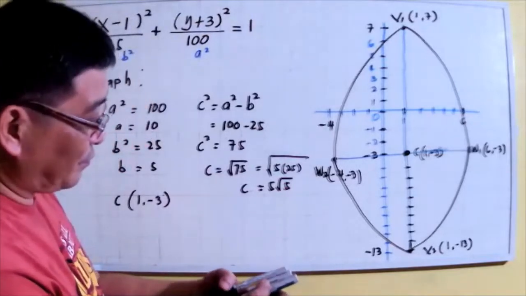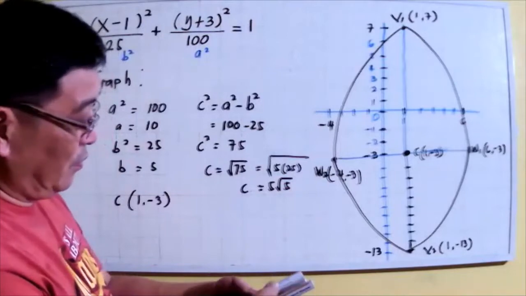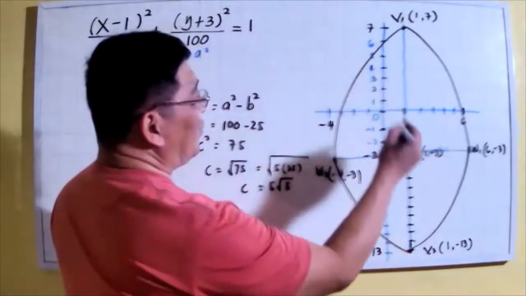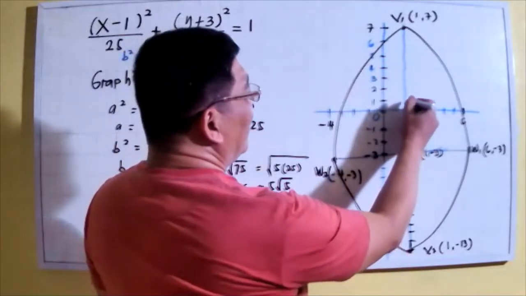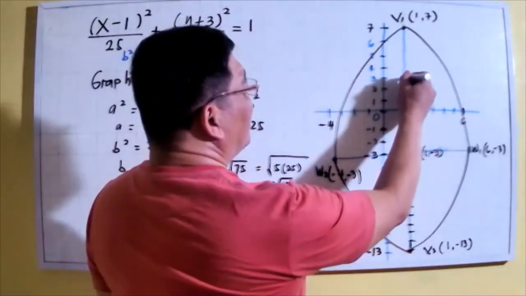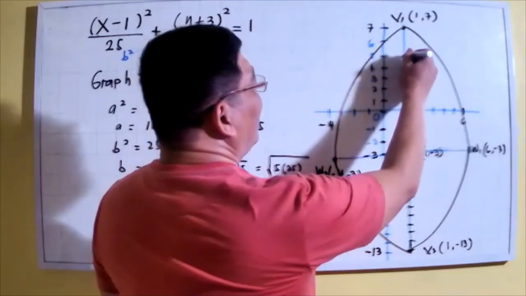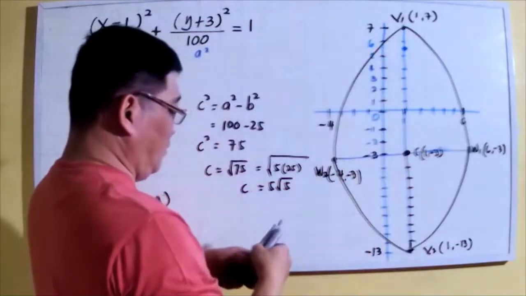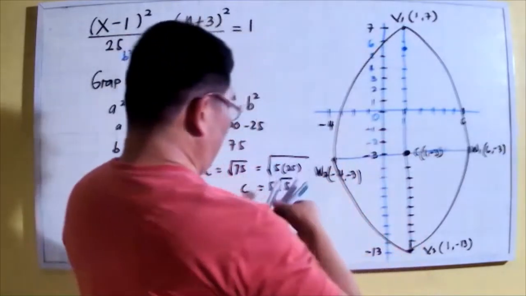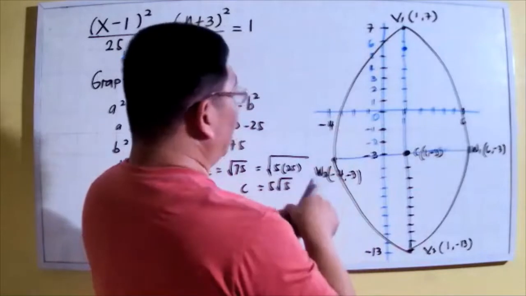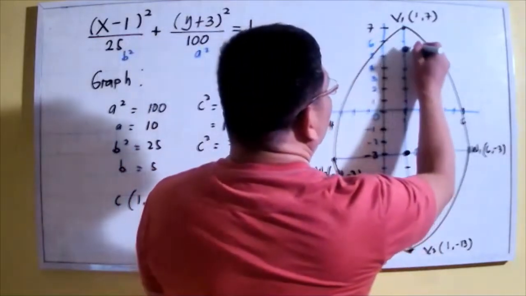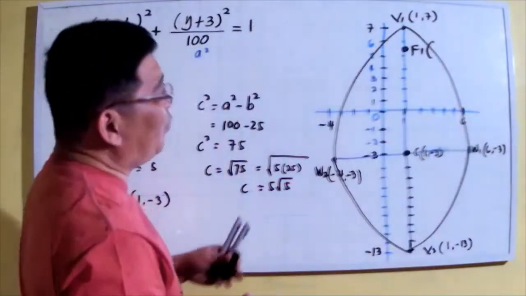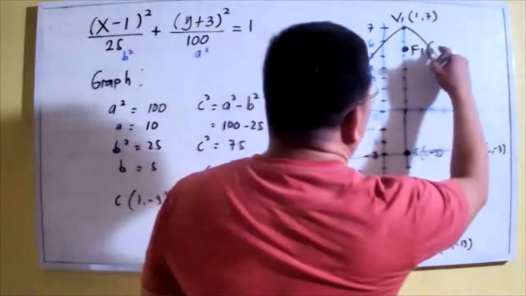So let's count 8.65. Then pataas tayo, we have already 3, 4, 5, 6, 7, 8, 9, somewhere here is the focus. Let's call this F1. So F1, of course, that is 1.